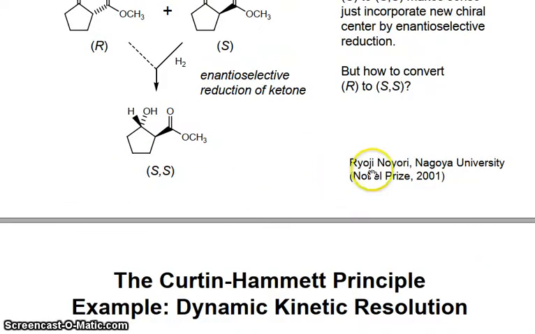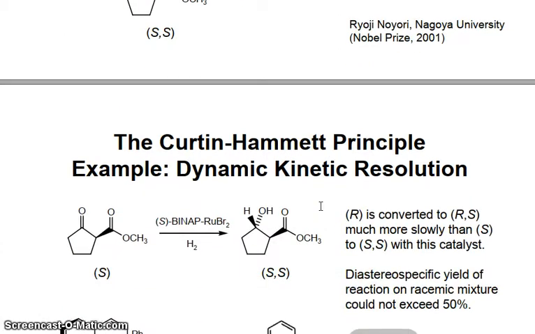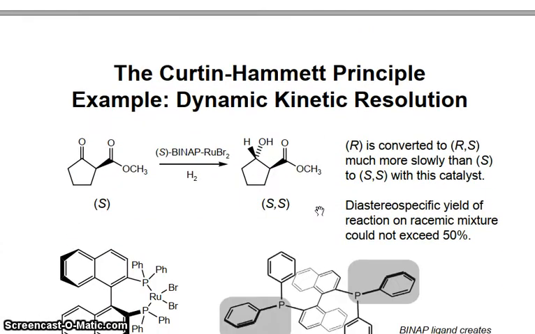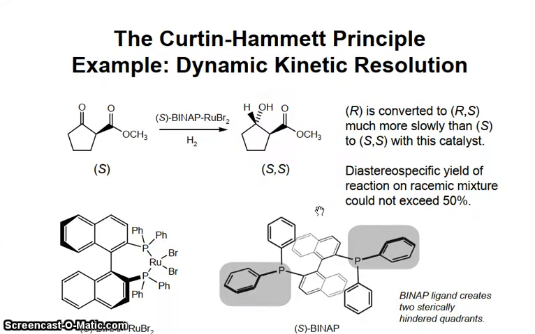And you can see Ryoji Noyori, Nagoya University, Nobel Prize 2001. Now friend, the Curtin-Hammett principle is, you can see the S gives the SS, R is converted to RS much more slowly than S is converted to SS with this catalyst.